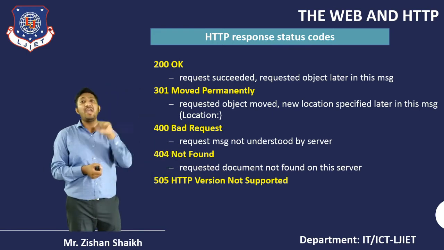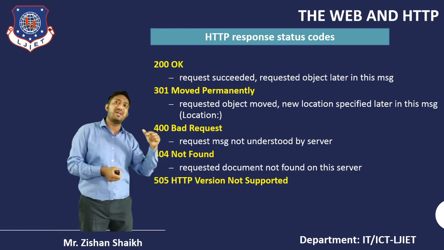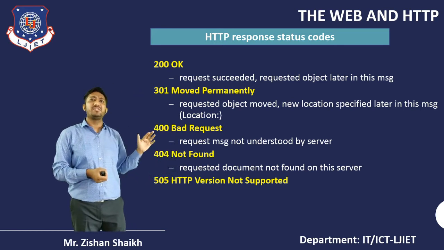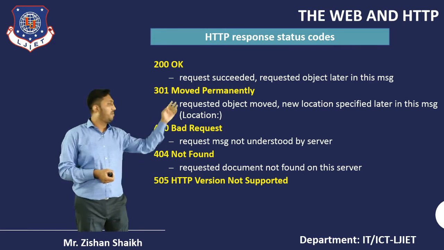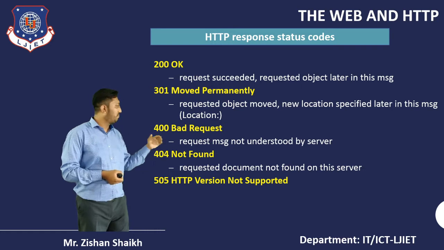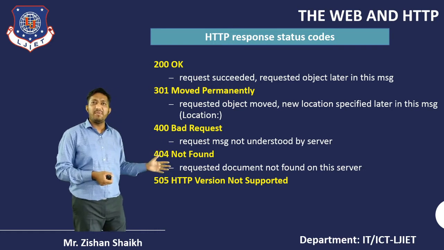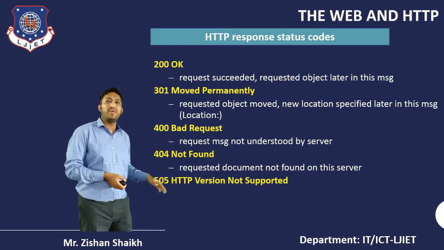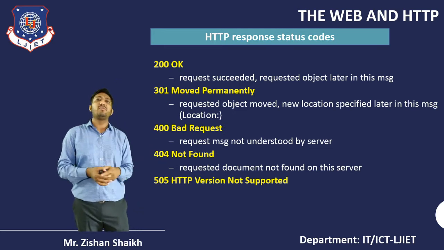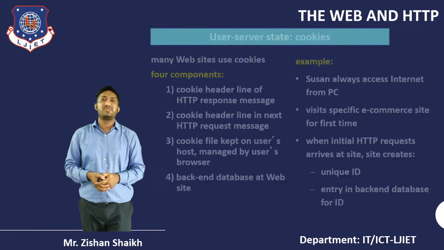That is a response generated by our server. Many other status codes are generated. It may be 301, our file is permanently moved. 400 means the request was not accepted by the server. Then 505 means the HTTP version is not supported. So these status codes are used by our HTTP system.